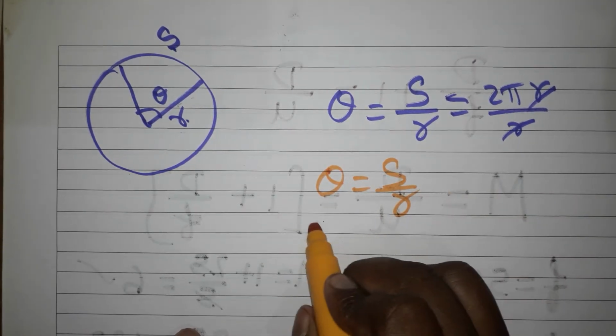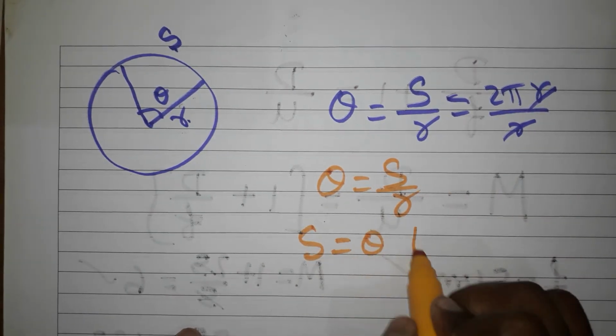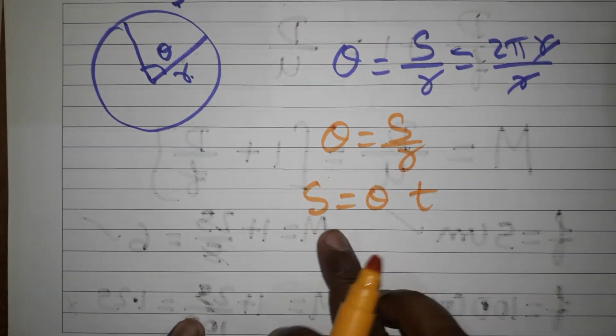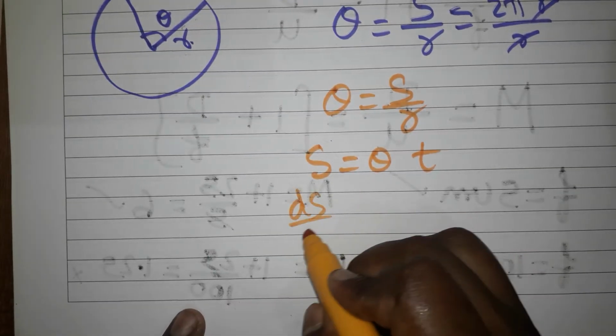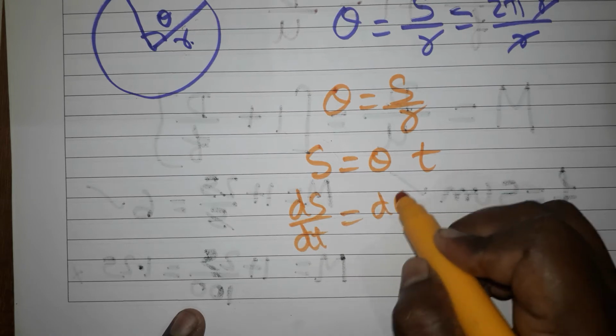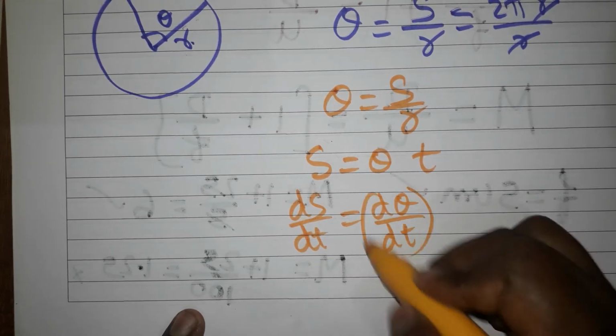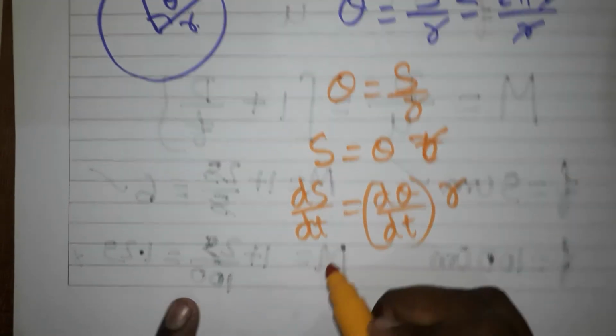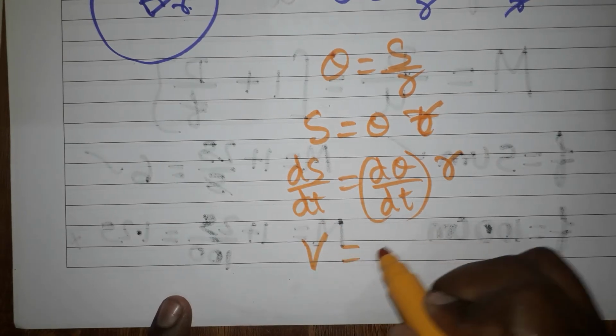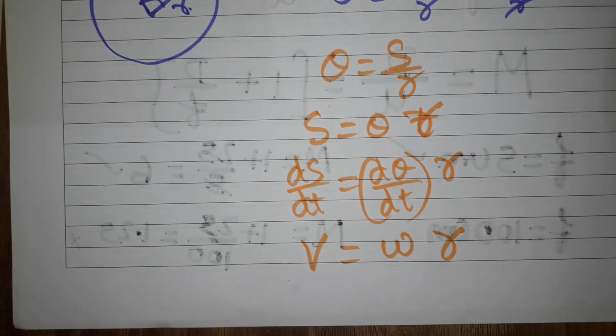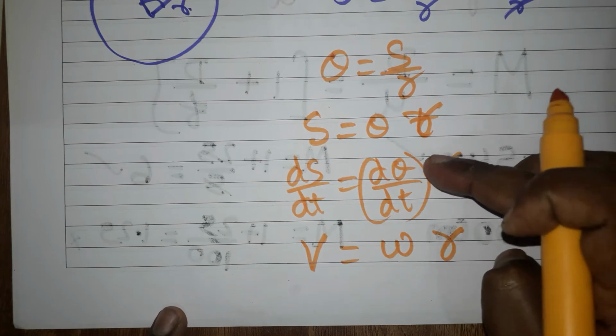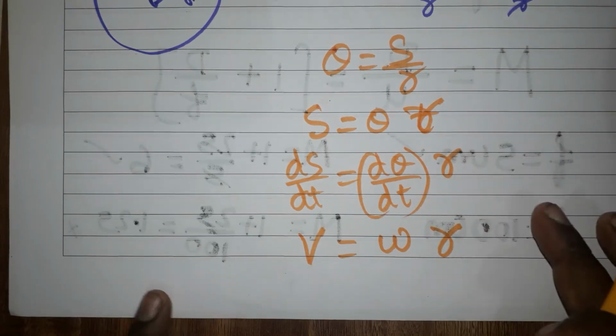What is s? s is equal to theta times r. I am differentiating this equation: ds by dt equals d theta by dt into r, radius. So this is v, this is omega, and this is r. Displacement by time is velocity, angular displacement by time is angular velocity.